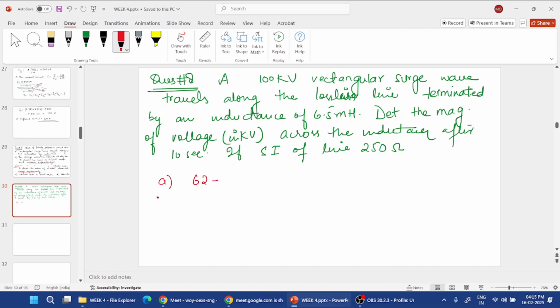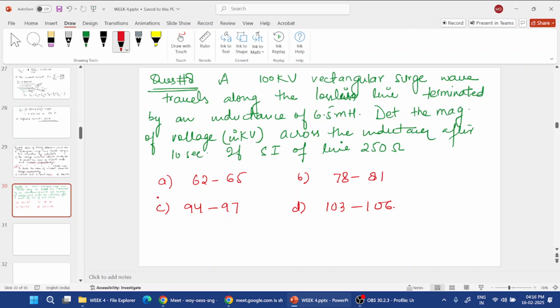Options: A 62 to 65, B 78 to 81, C 94 to 97, D 103 to 106.